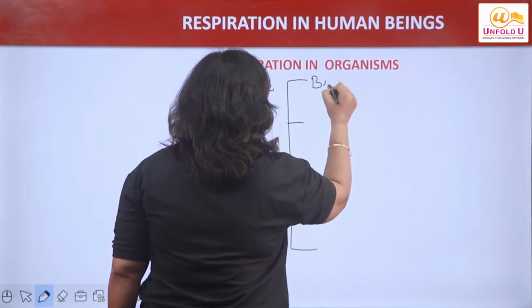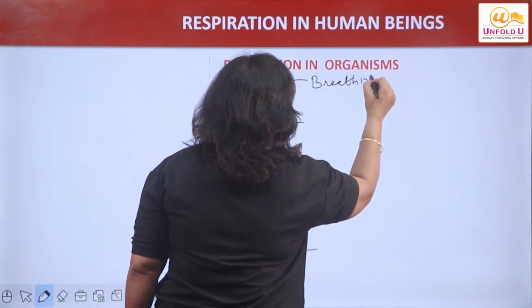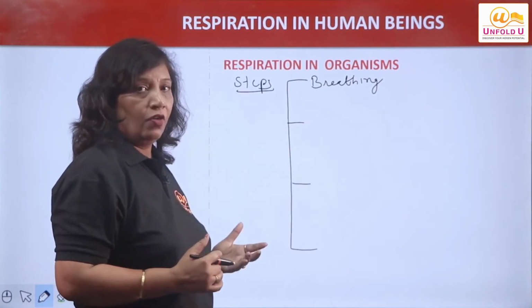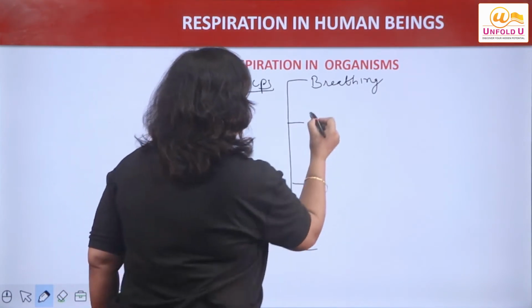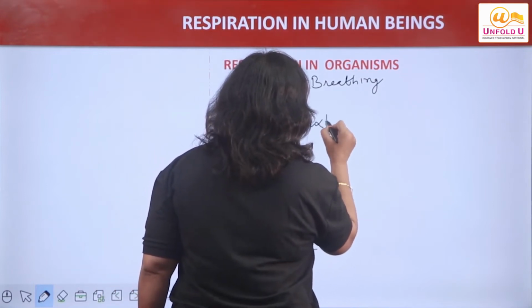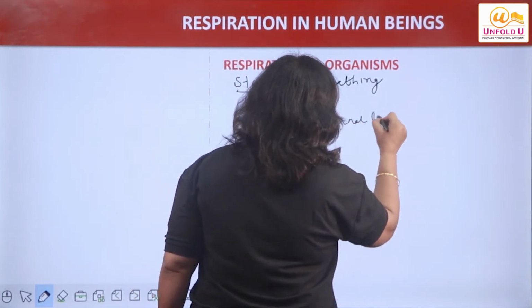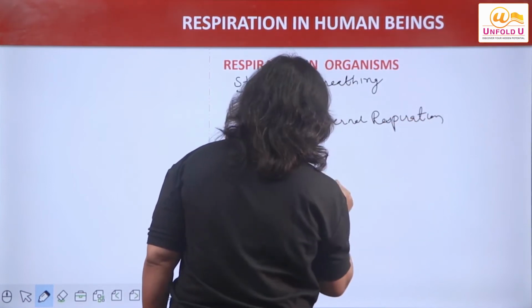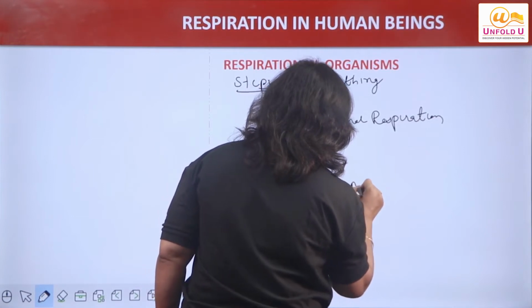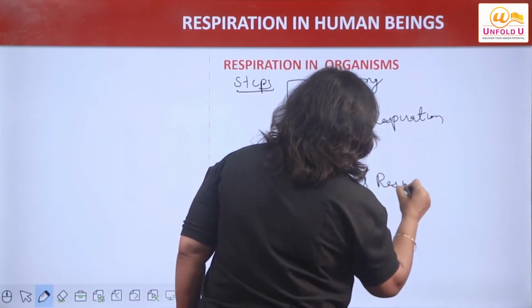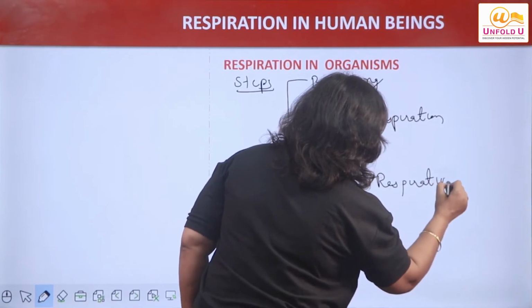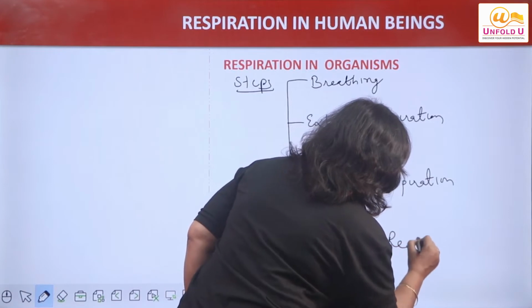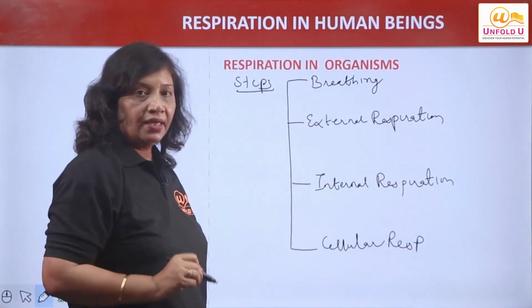The whole process we study under 4 different headings, or 4 steps are involved in respiration: breathing, then external respiration, then internal respiration, and last of all, cellular respiration. I hope the 4 points are clear to you.